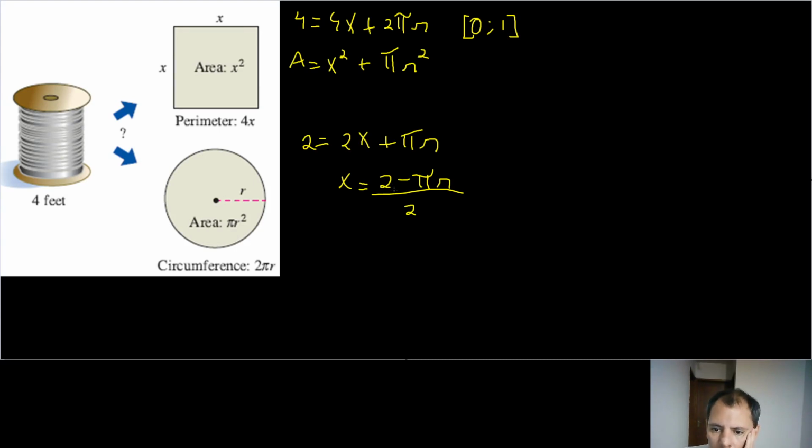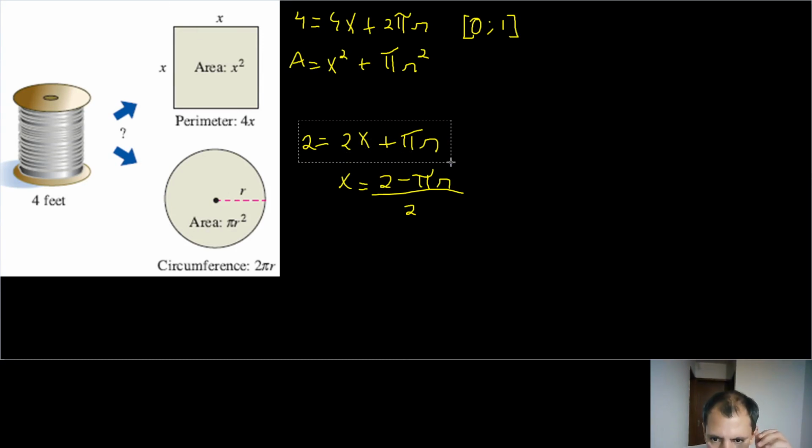I can also say 1 minus pi r divided by 2, but I'm going to leave it like this. So this is x. I just want to make sure that I'm not going too fast here. So x is (2 minus pi r) divided by 2.